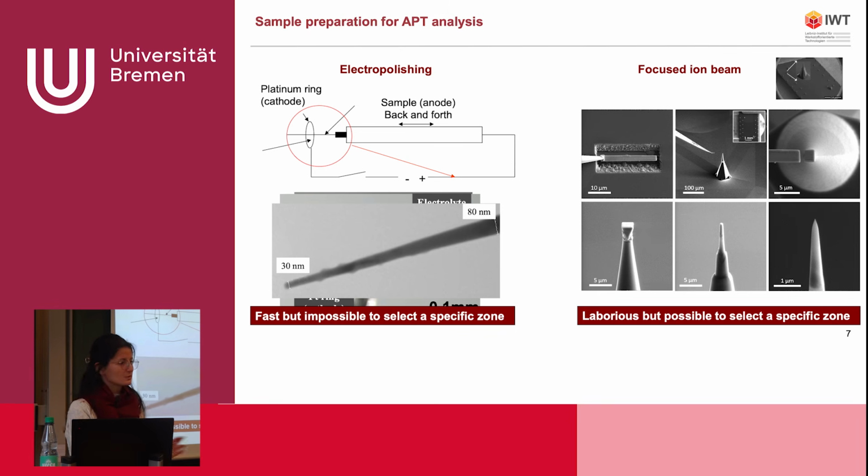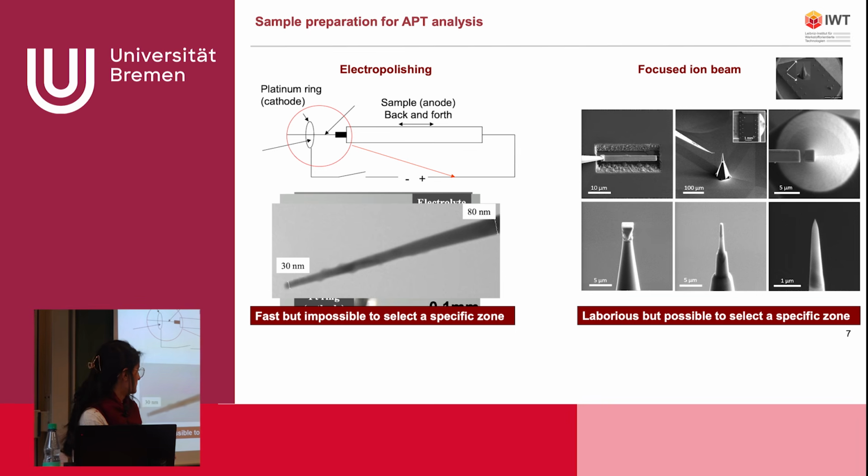Then still with the ion beam, in our case the xenon plasma, and with specific rings that we set on the FIB, we will little by little mill the sample until we reach this very tiny sample at the apex, with a radius of curvature of, let's say, 50 nanometers.